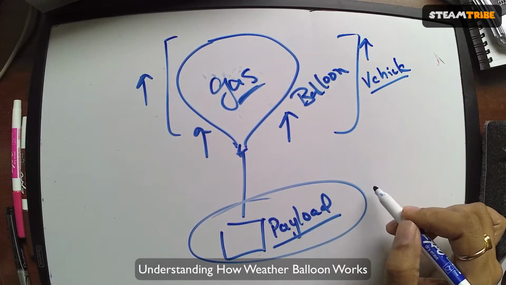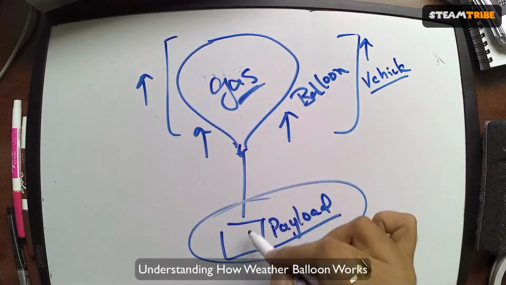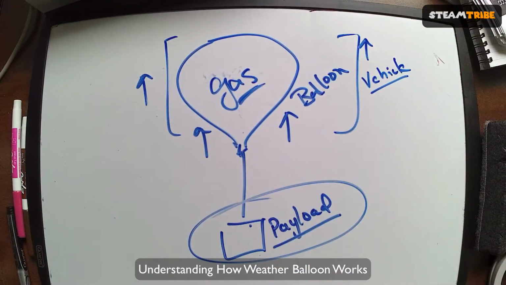The weather balloon takes the payload up in the sky, right? And what is payload? Payload is a box, and it has stuff that the weather balloon needs as it goes up in the sky, and soon we'll find out what payload the weather balloon needs, and why we need to send a weather balloon, if at all. So we'll discuss that.